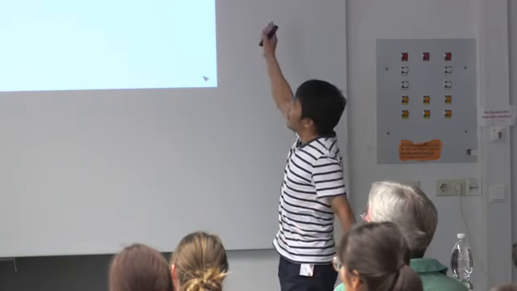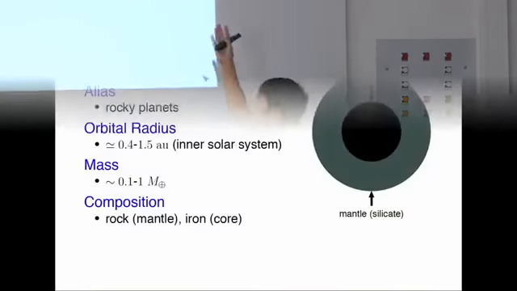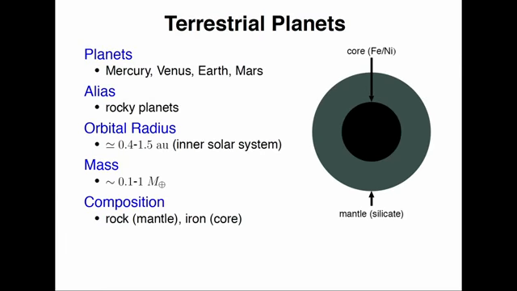And this on the right is the cross-section of a typical terrestrial planet. Very roughly speaking, it consists of two layers. In the center, we have the core, consisting mainly of iron and maybe some nickel and some light elements. Surrounding it is the mantle, which is mainly silicates. The rock to iron, or mantle to core, ratio in mass is different from planet to planet.